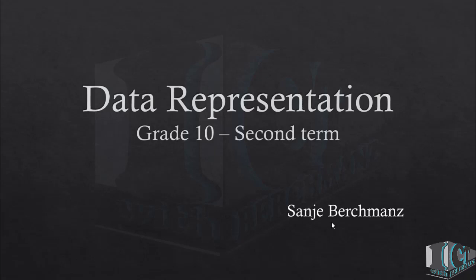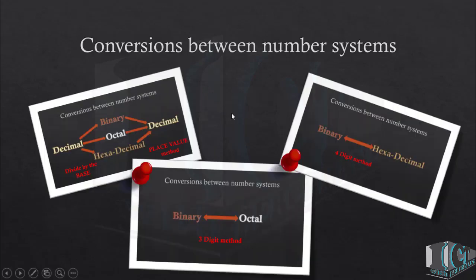In today's video, we will be talking about conversion among these number systems. Conversion between number systems. In these number system conversions, we will be talking about 10 different conversions, and to do all these 10 conversions, we will be using only 4 different methods.